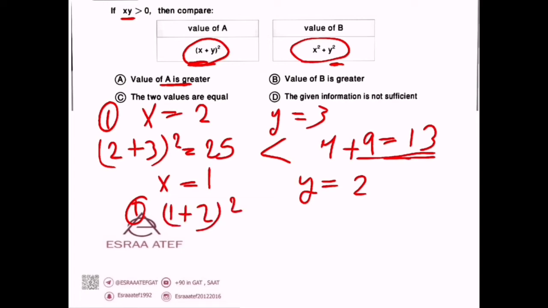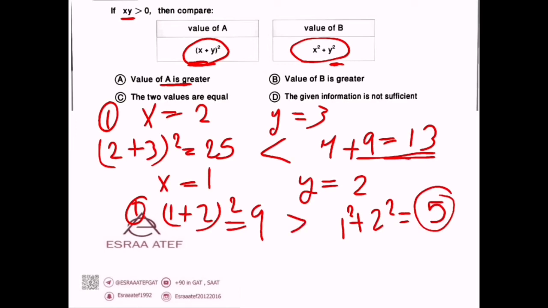It will be 3 squared, which equals 9. The other one, x squared plus y squared, will be 1 squared plus 2 squared, 1 plus 4, which is 5. So it is less, the same as before. Okay, so we will choose that the value of a is greater than the value of b.